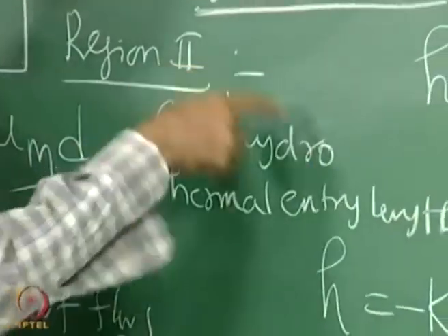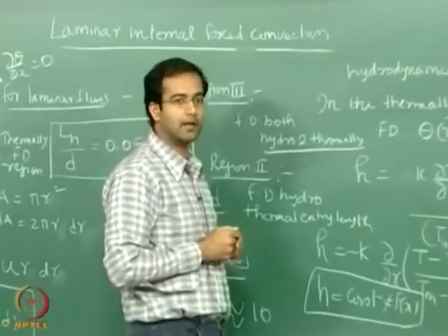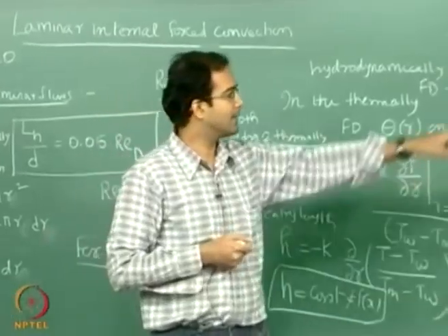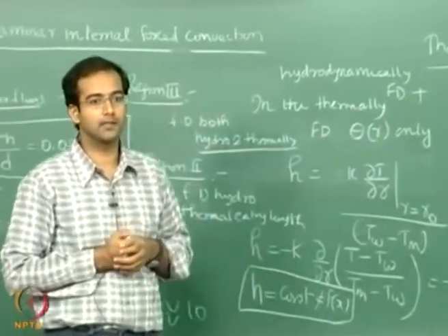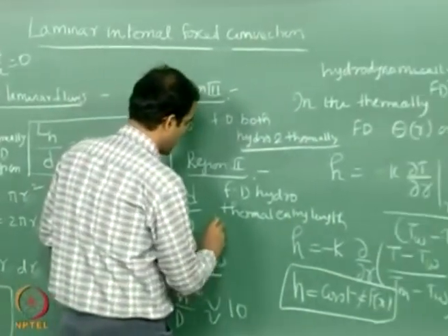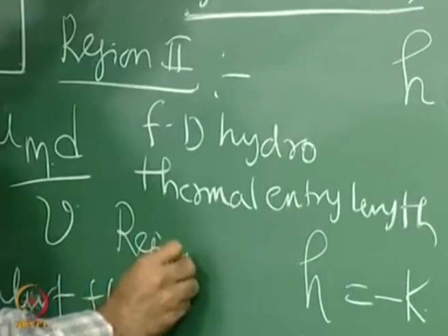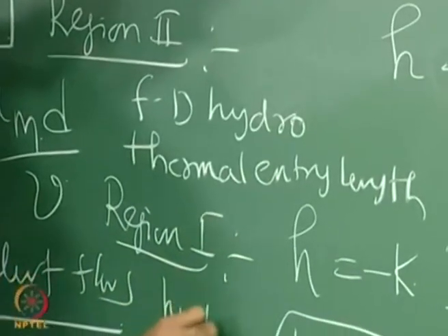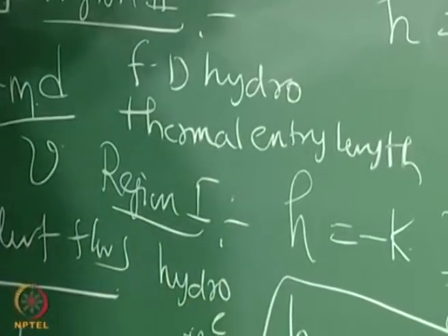So here your velocity profile is a fully developed profile, but the equation that you are solving doesn't have that condition d theta by dx equal to 0. And finally the most complicated region is region number 1, where you have both hydrodynamic and thermal entry length.